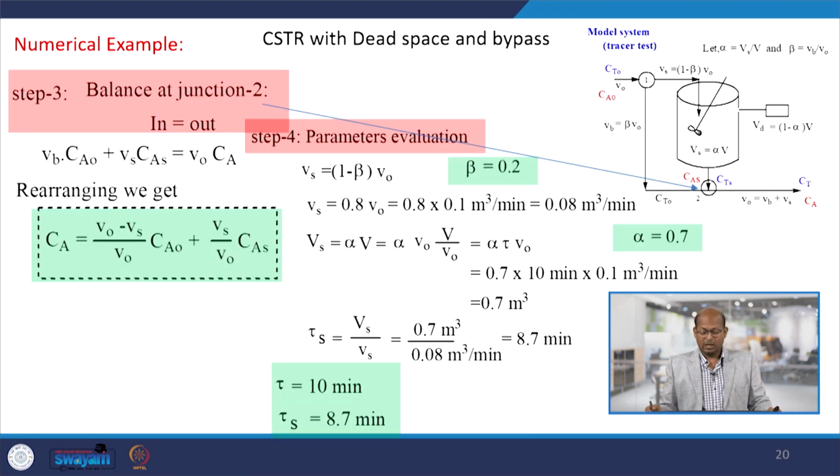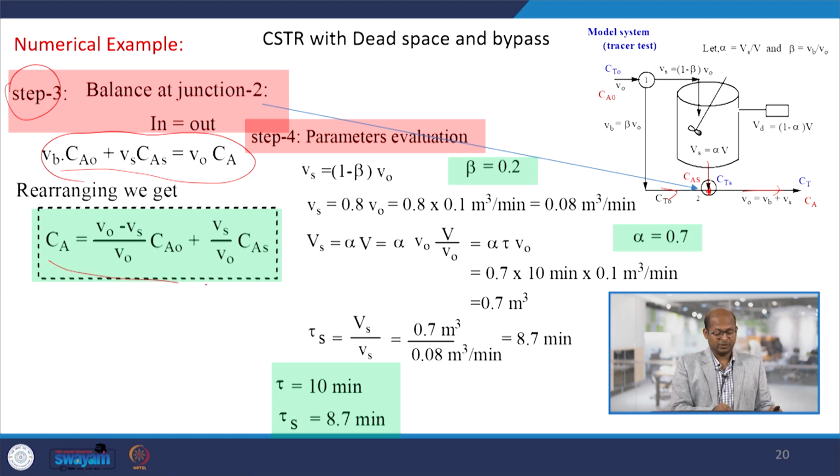Now step 3, that is doing the balance at junction 3. Here we are doing the material balance: input equals output. This is the input line, this is the output line. If we rearrange this, we can get Ca in terms of Cas and Ca naught.